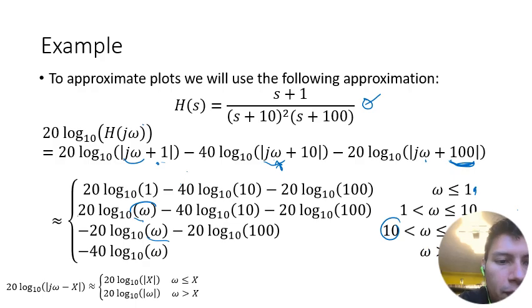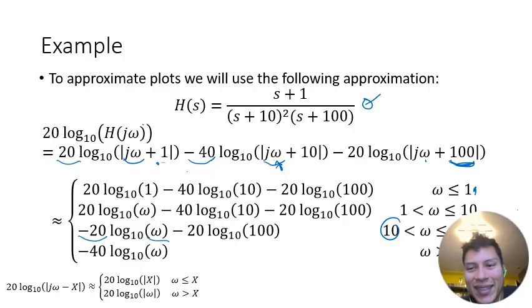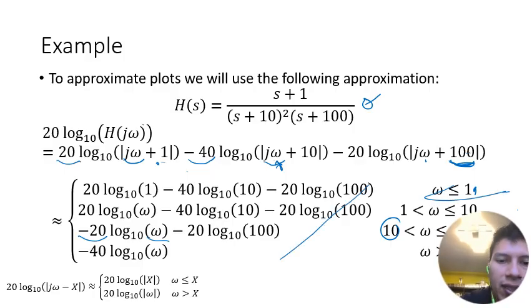So you have plus 20 omega minus 40 omega, which gives you negative 20 omega. So 20 minus 40 gives you negative 20. And then you're left with the 100 factor here.